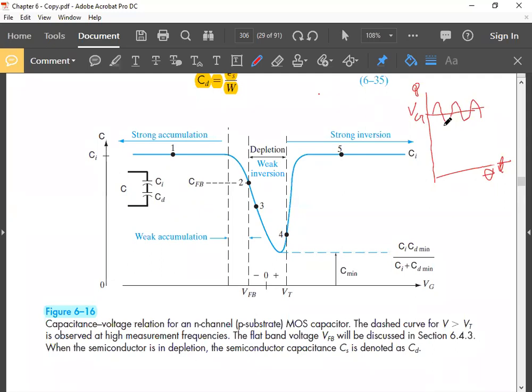Electrons are minority carriers, and those require time to move in and move out of the inversion layer through the p-type body. So what happens is, if the AC signal has high frequency, the electrons cannot follow the variation of voltage, because electrons need time. As I told you, they are minority carriers.